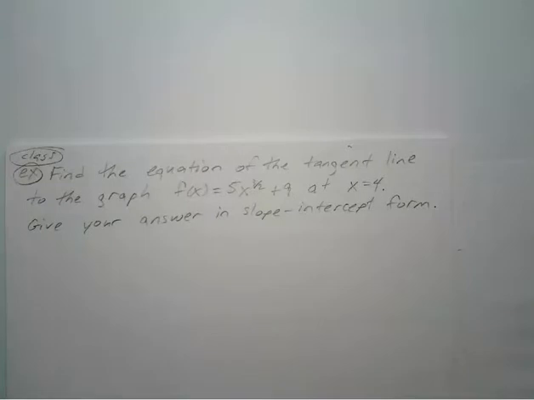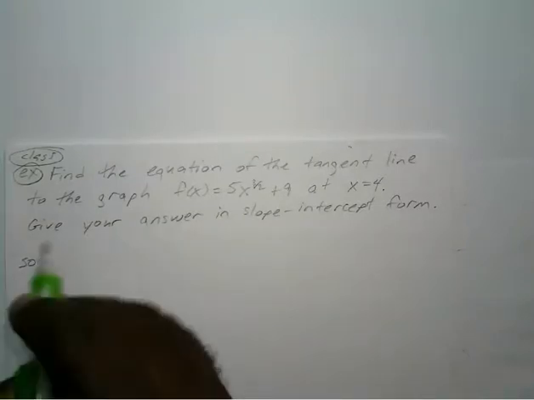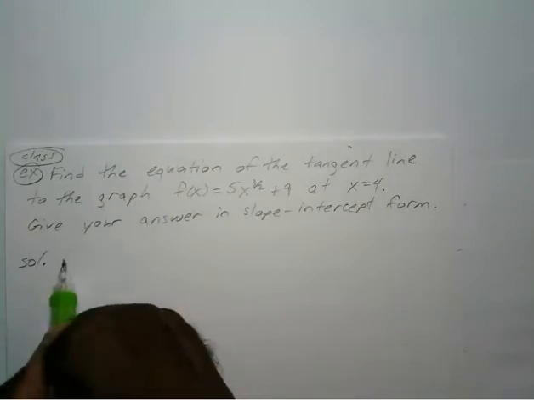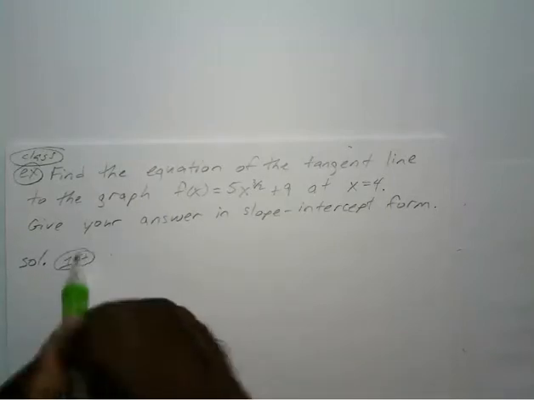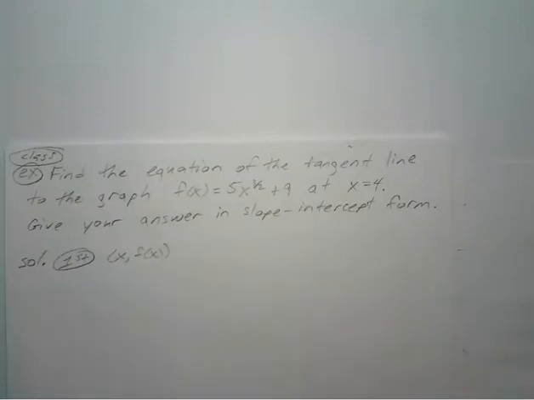Alright, so I'm assuming you've pressed pause and worked this one out. So we're going to go ahead and verify your answer. And it's just like the one we just did. Okay, so first thing you want to do is find your ordered pair.